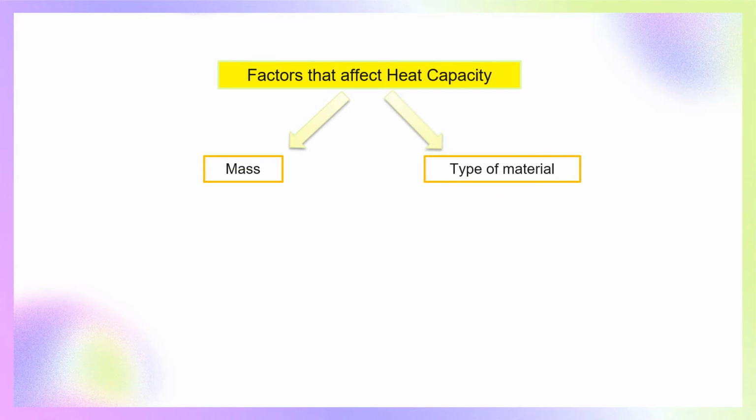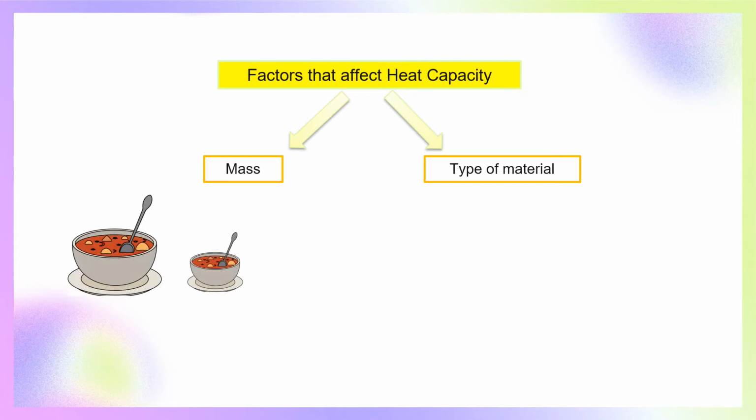So let's look at the mass first. The diagram shows two different sizes of bowl, where the big bowl has a larger quantity of soup and the small bowl has less soup.